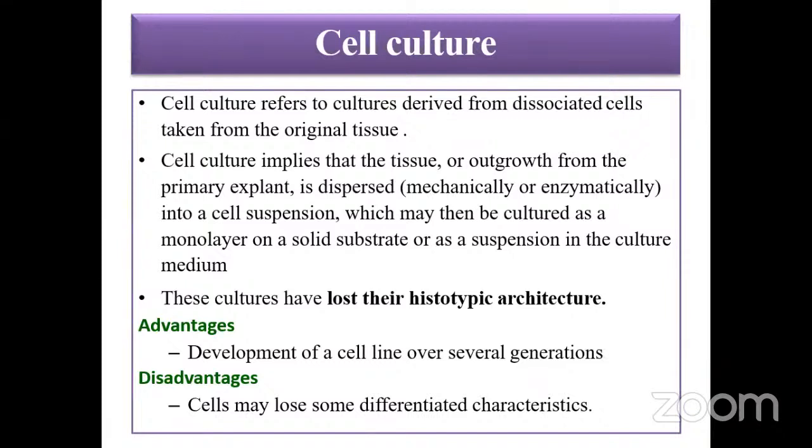Cell cultures are more used in normal labs for the development of cell lines. But after some generations, the characteristics will be lost in the cell culture. So that is the disadvantage.